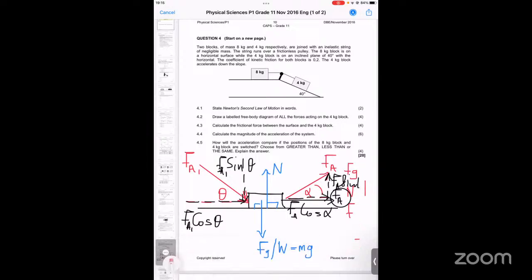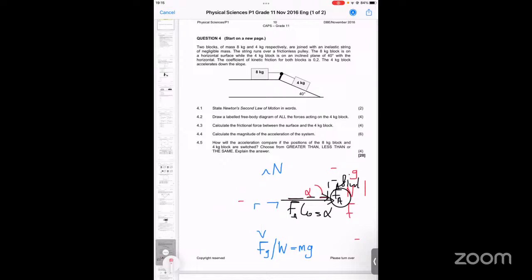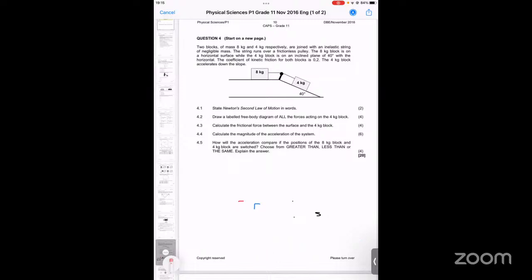Okay, so now let's have a look at forces which may be acting on an object which is on an incline. We will look at how those forces look, and also how they relate to an object which is on an incline, either moving up an incline or down an incline.